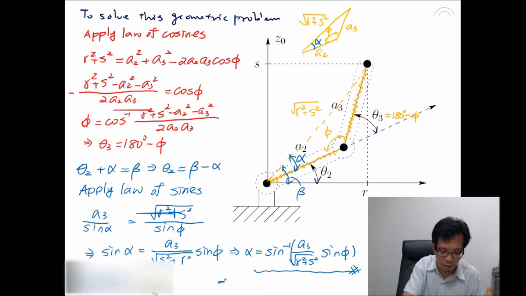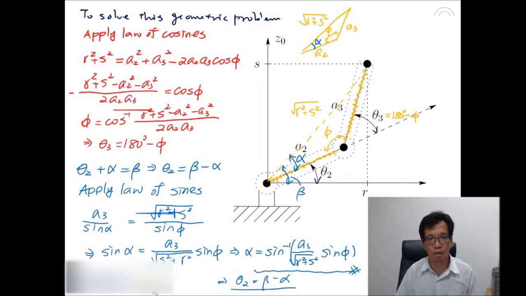Then we're going to have theta 2 equals beta minus alpha. That's it. So we can solve for your angle using this method. You can see that all the steps are not a systematic approach. We just try to use a triangle to figure out what's going on. So sometimes, instead of using this specific configuration to figure out the numbers of theta 2 and theta 3, we can use another additional method.